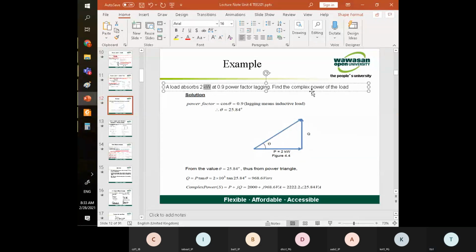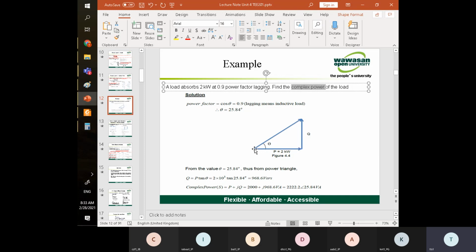So now we find the complex power. The complex power is the longest line here, and it equals P plus jQ. P is 2 kilowatts plus jQ. We need to find Q using trigonometry.